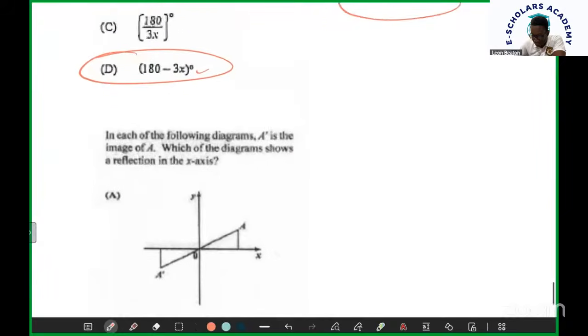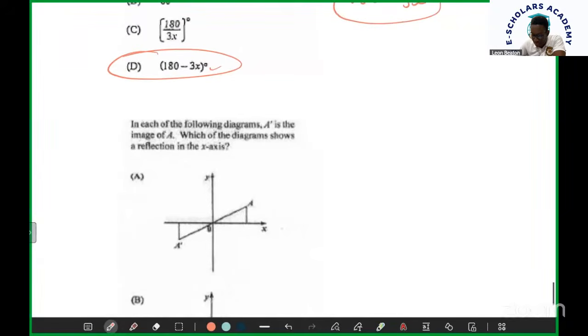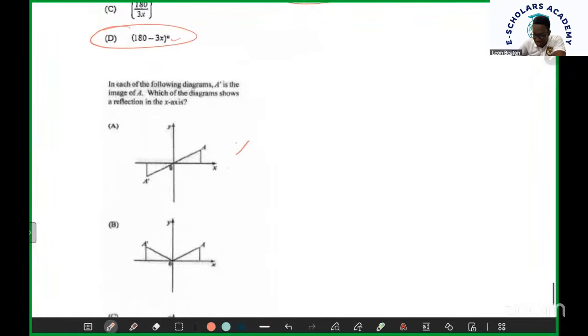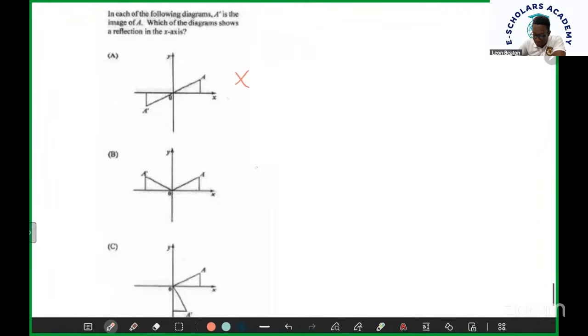All right, in each of the following diagrams, A prime is the image of A. Which of the following shows a reflection in the x-axis? Nah, this is not showing a reflection in the x-axis. This is not showing a reflection in the x-axis, it's a reflection in the y-axis.